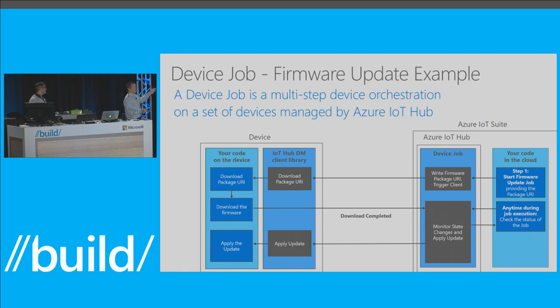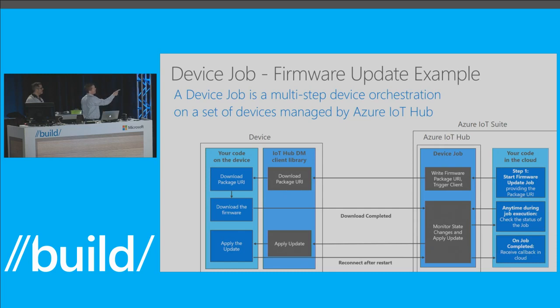But now it's your code that actually does apply the update. And once that happens, once the update occurs, and once you've brought the device back up, you reconnect to Azure IoT Hub, and you initiate a monitor state change, and you basically say, look, we're done. The job is completed, right?